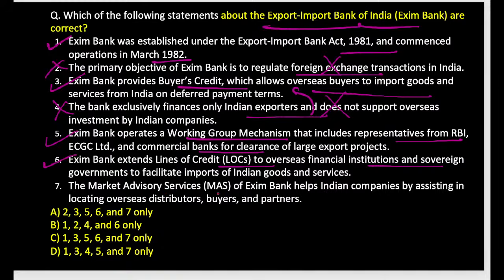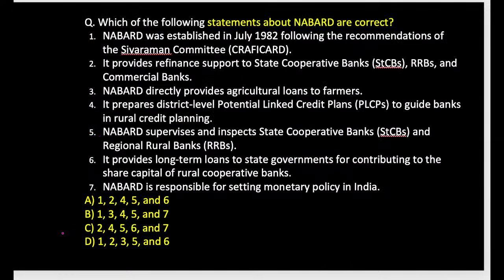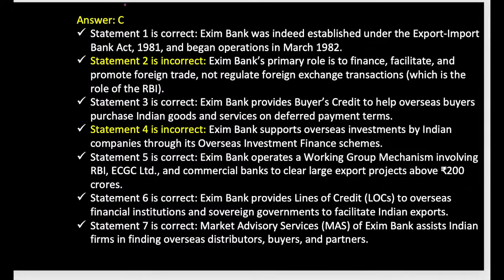The market advisory services of Exim help Indian companies in locating overseas distributors and buyers, true. So 1, 3, 5, 6, 7. Yes, very good guys. So option C only will be the right answer for this question, very good, almost everybody got this one.